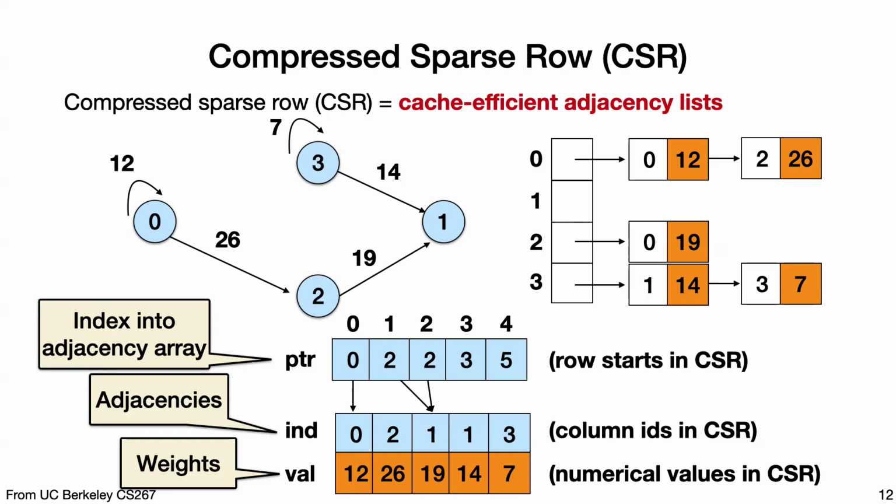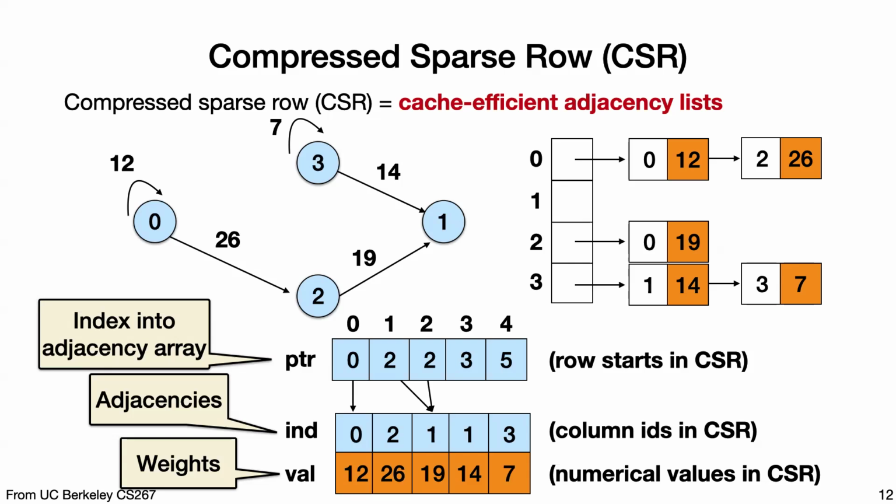So this is the adjacency list, and the pointer array indexes into the start of that row's non-zeros in the adjacency array, and the index stores the column IDs in the CSR, and then the value is just the values.